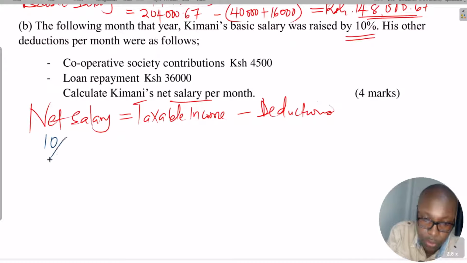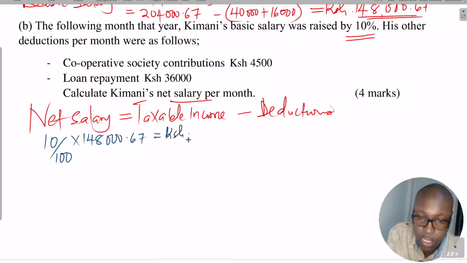We want to see that increase: 10% multiplied by the basic salary we just got in the first part, which is 148,067. This will give an increase of 14,806.7.